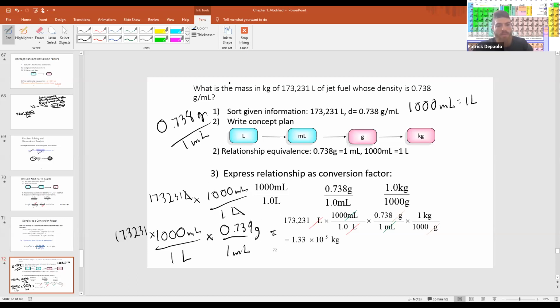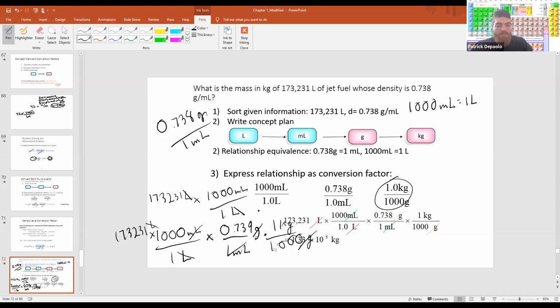And then what is the mass in kilograms it's asking for? So that would give us the mass in grams. The liters would cancel with liters, milliliters would cancel. Now the grams: we know that 1,000 grams is 1 kilogram. So you write kilogram on the top, 1,000 grams on the bottom. Grams will cancel, and you get your answer.